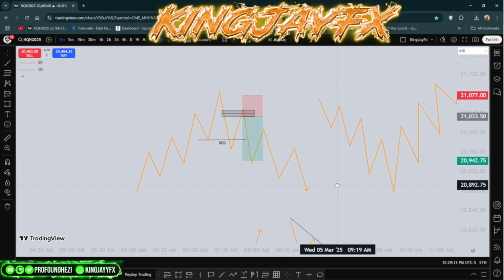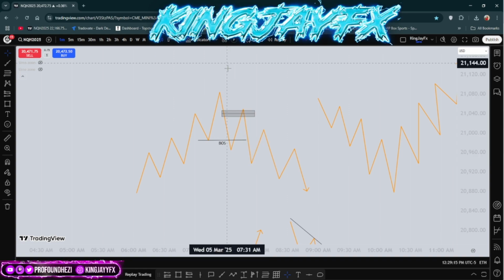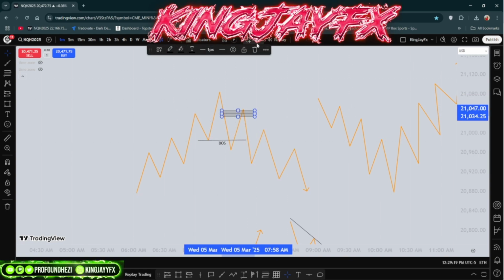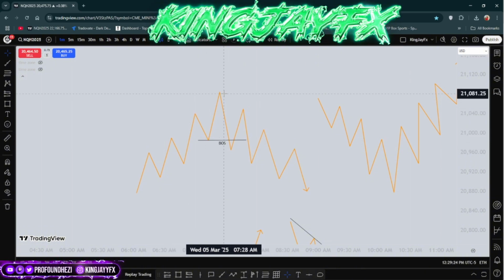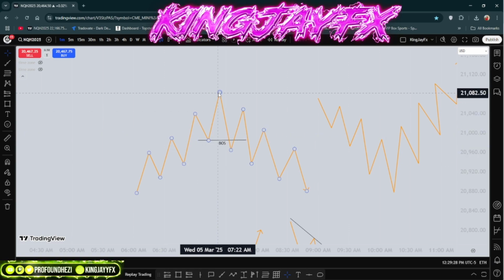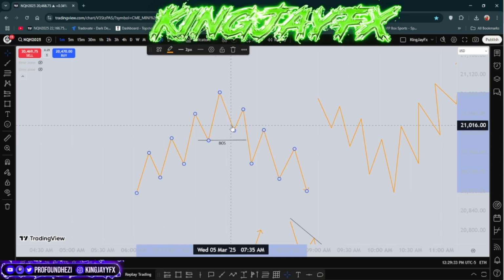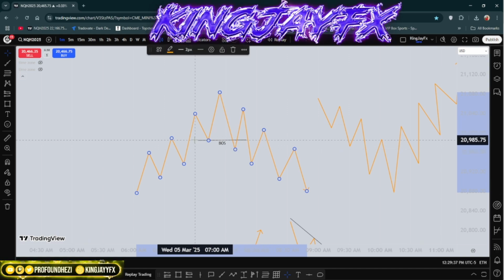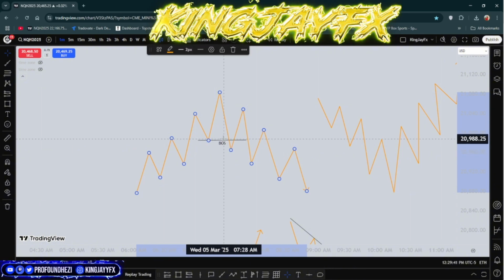Perfect. And once you see this, this is a break of structure, right? Because we broke the low. One more time: this is a break of structure because we no longer made a higher high and higher low. Higher high, higher low, higher high, higher low, higher high, lower low. This needs to be a higher low for the trend to continue up. Since this was not a higher low, and we broke the low and it made a lower low, this is no longer a valid uptrend.